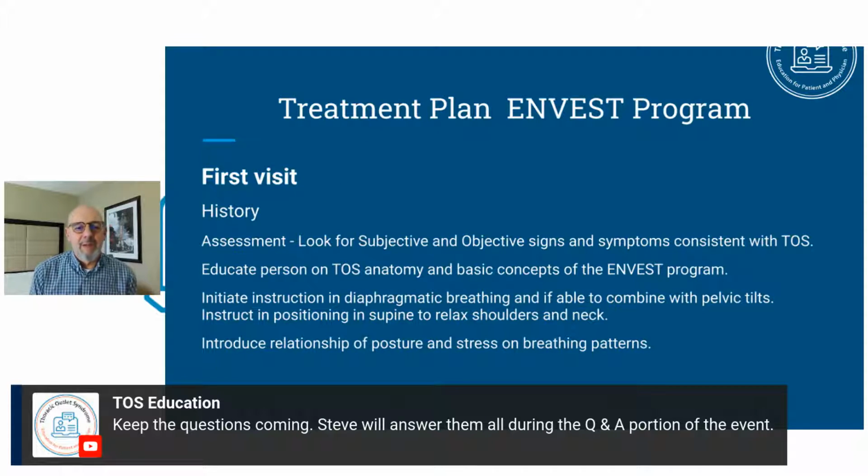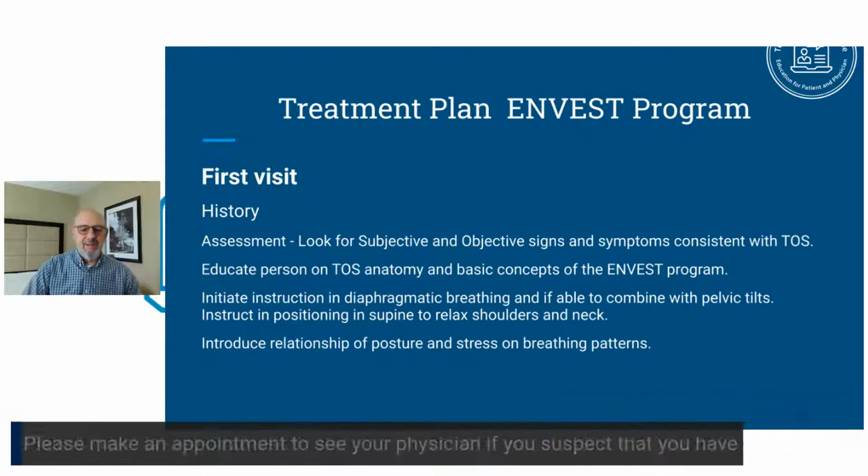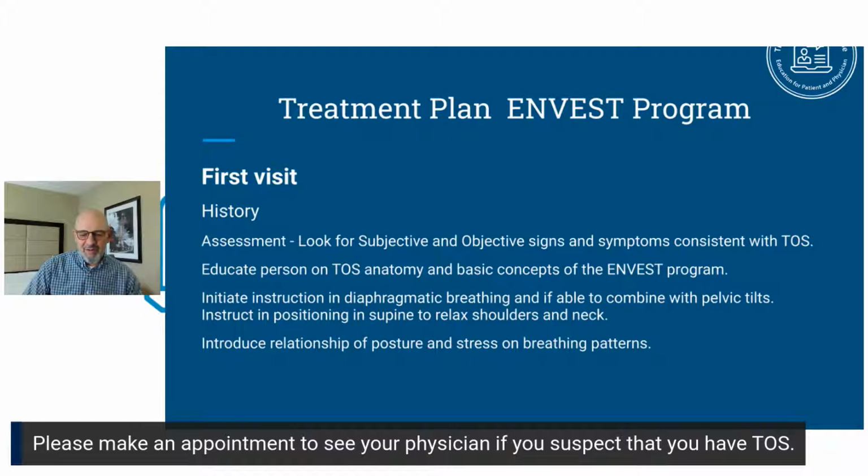So I'm going to give you the treatment plan, first visit. First day a person walks into the clinic, we do a history. The history I talked about: a gradual onset, slowly got worse, working fewer hours, the story of what people are going through. We do an assessment to look at the subjective and objective signs and symptoms consistent with TOS.